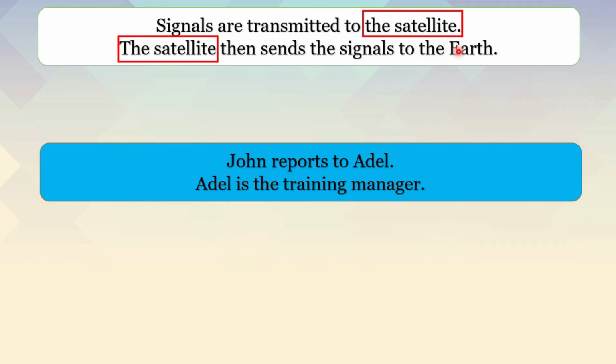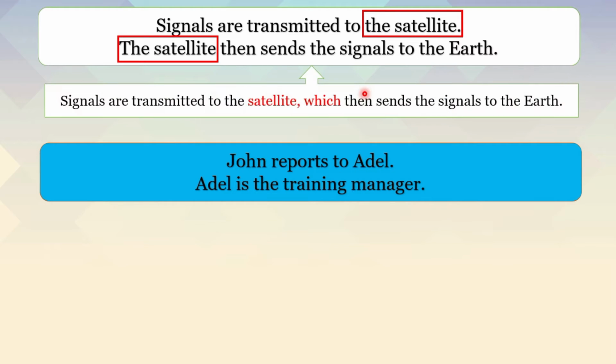The second sentence provides extra information about the satellite. In this case, we can join the two sentences together using a relative pronoun. Like this. Signals are transmitted to the satellite, which then sends the signals to the Earth.